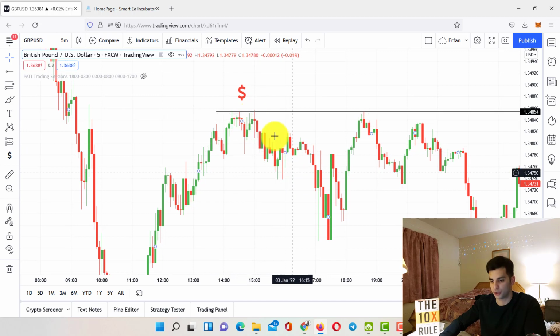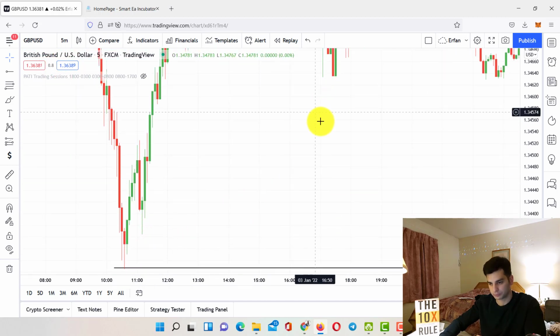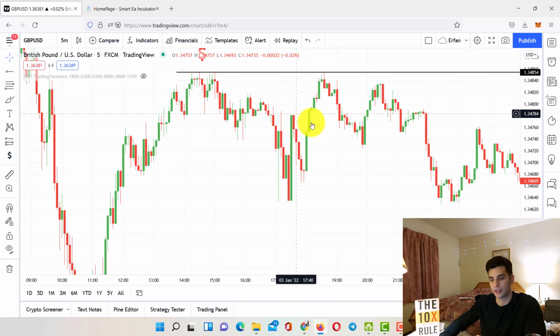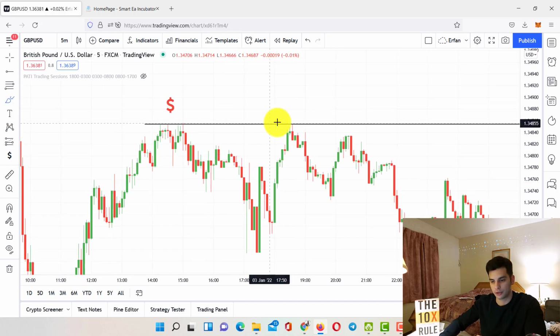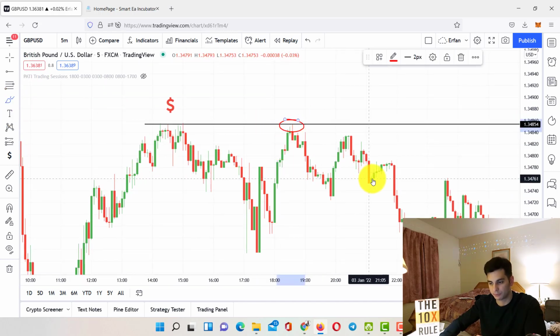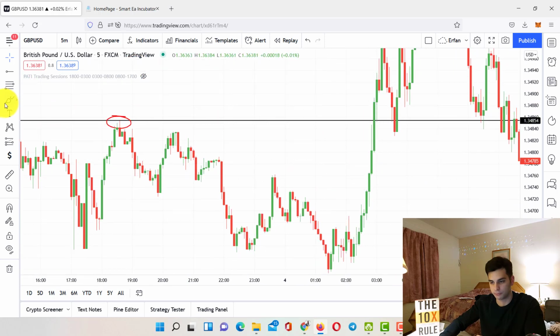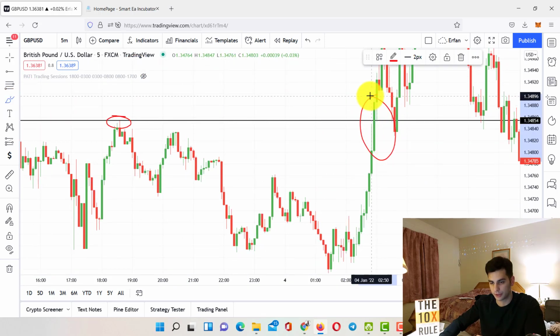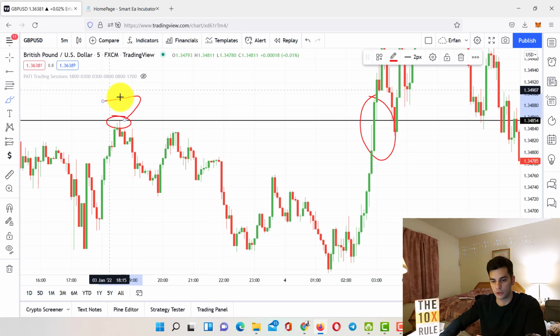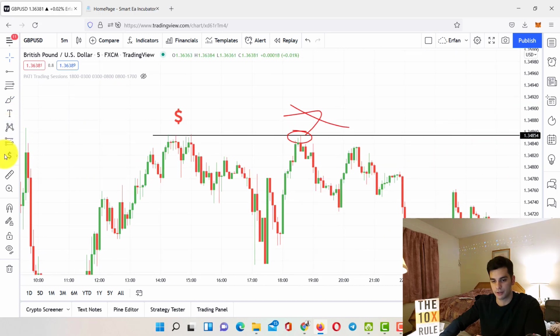The market is trying to go down to reach this level. It gave us a bullish engulfing pattern here. It touched this resistance level one more time, and now guess what? Boom, this candle right here stopped out all the traders that are selling around this price.